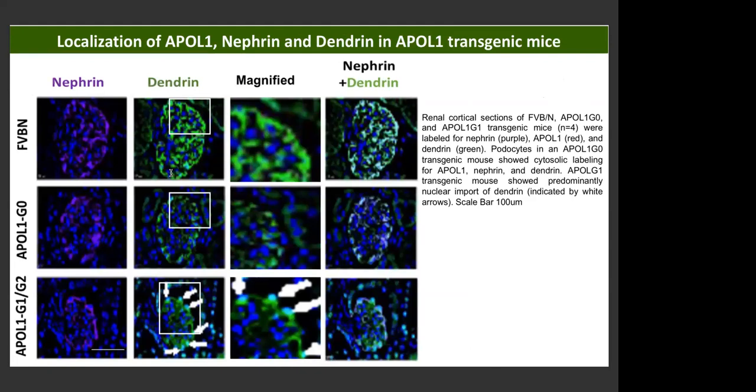And we have done some animal experiments also, where we have stained the kidney tissues with dendrin and nephrin, and we have shown that in the APOL1 risk variants, there is more accumulation of dendrin in the nucleus, and that initiates cathepsin L transcription and cytoskeleton degradation.